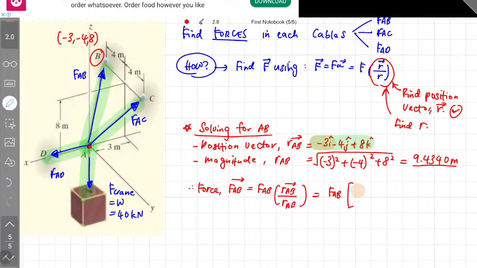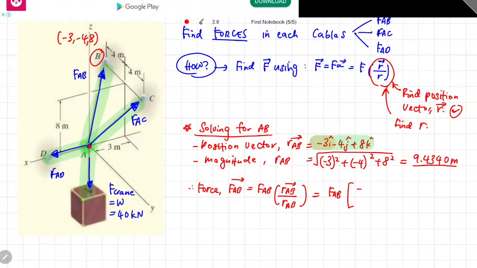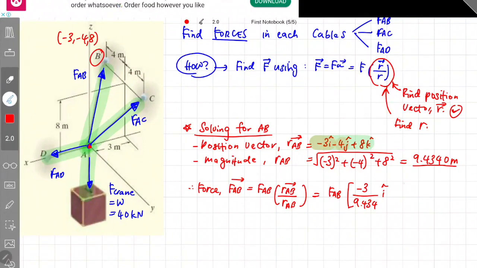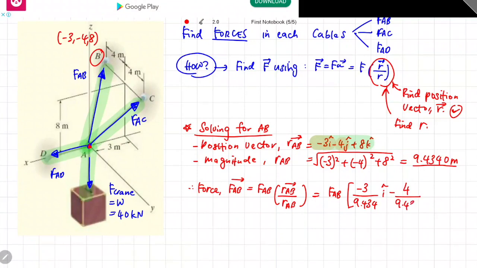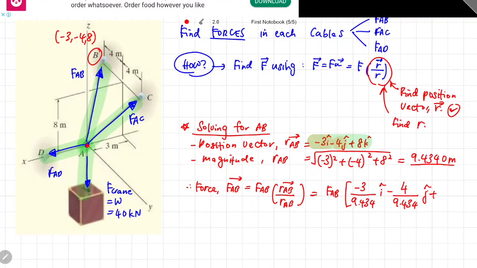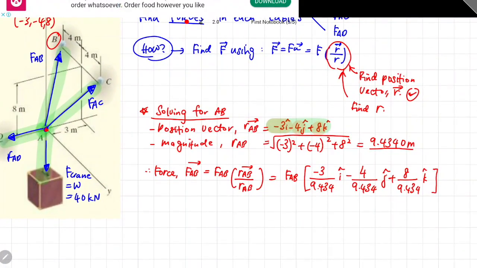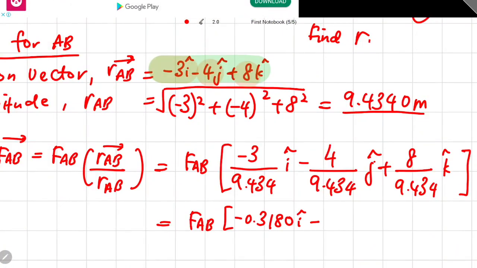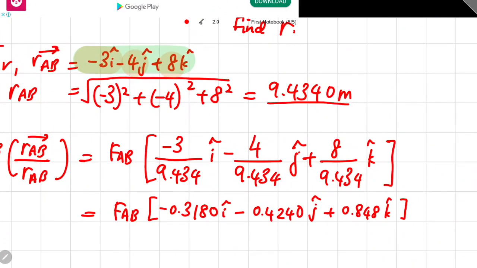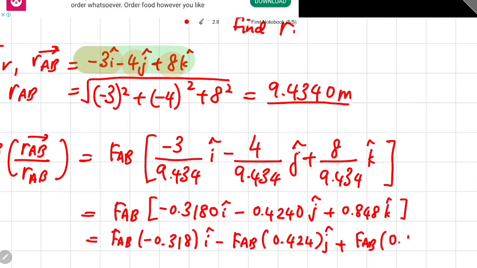So along the x-axis is -3 divided with the magnitude, which is 9.4340, and then that is along the I direction, and then you minus the position vector along the J direction, which is 4, divided with magnitude, which is 9.4340, that is along the J direction, and then also you tambah the ratio at the K direction, whereby the magnitude is 8 divided with 9.4340. Okay, you try to simplify the ratio and this is the first equation that you will get.